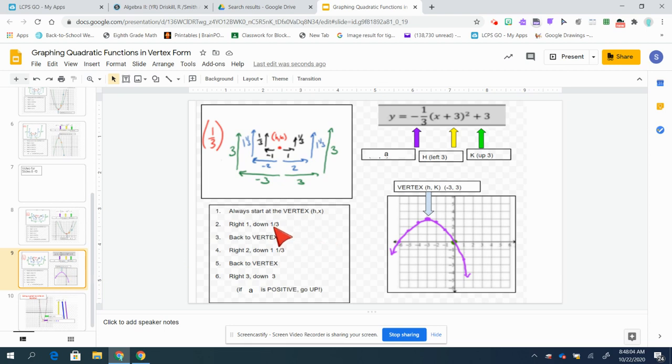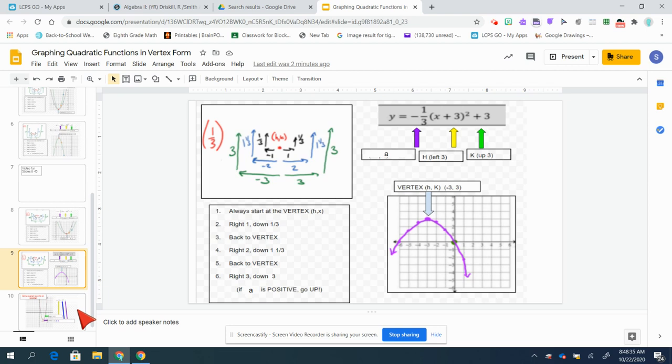Okay, so our first one would be right 1 up 1/3, or for this graph, it would be right 1 down 1/3, back to the vertex, right 2 down 1 1/3, right 2 down 1 1/3, back to the vertex. Here's a nice point, right 3 down 3, right 3 down 3, and then we create our graph. Remember, if a is positive, we would go up instead of down.